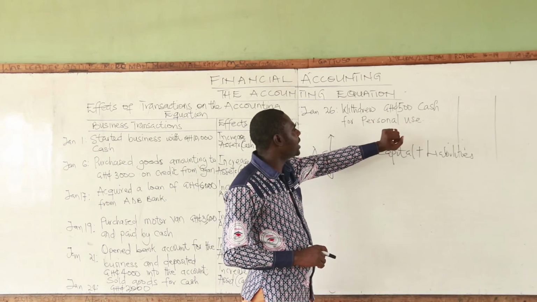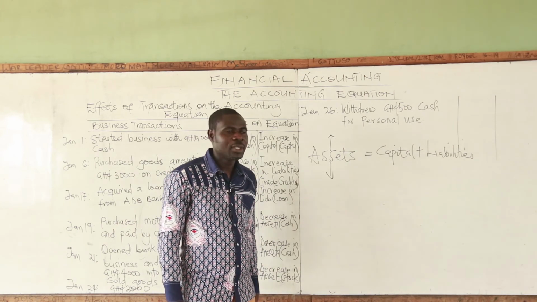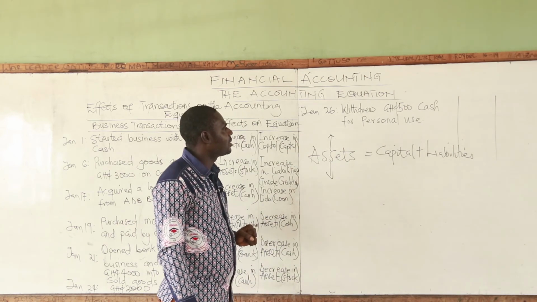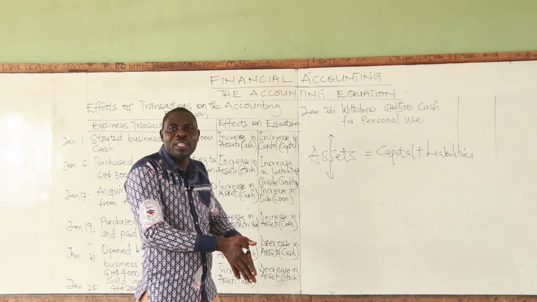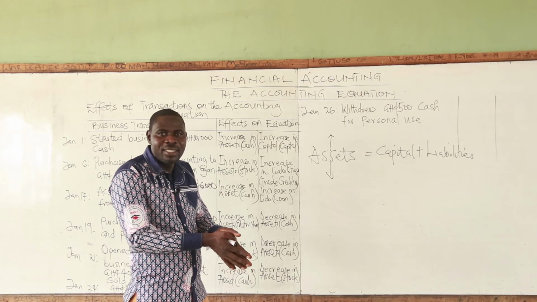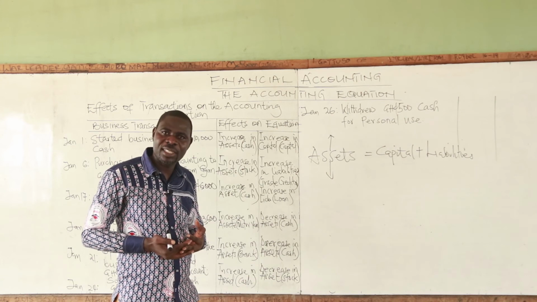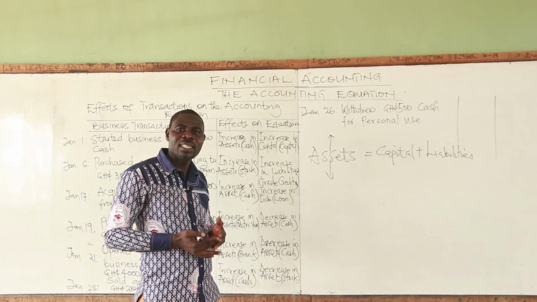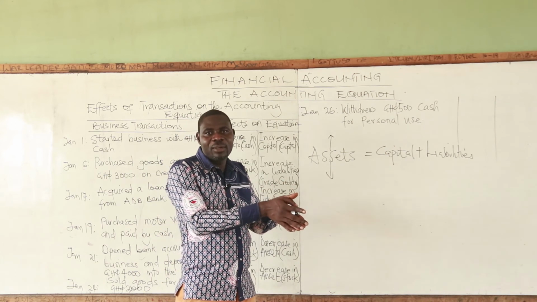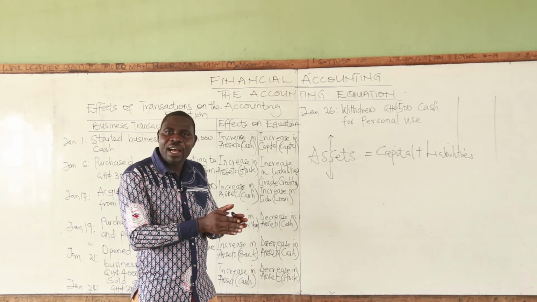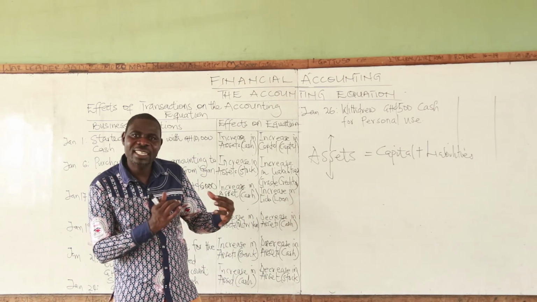Withdrew 500 Ghana cedis cash for personal use. Now the owner of the business has taken out money that is meant for the business. The owner has taken 500 Ghana cedis out of the business. And we said that whatever the owner contributes into the business is referred to as capital. So whatever the owner takes out of the business will affect his capital.